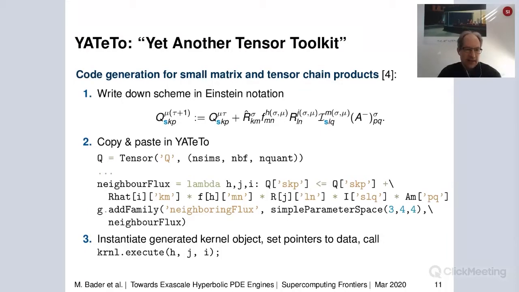Then you can more or less mimic this notation directly in a domain-specific language, which is based on Python. You can write the indices as Python indices and formulate your chain products in that way. And Tetto will generate heavily optimized kernels for these chain products, which can then be executed in the software.